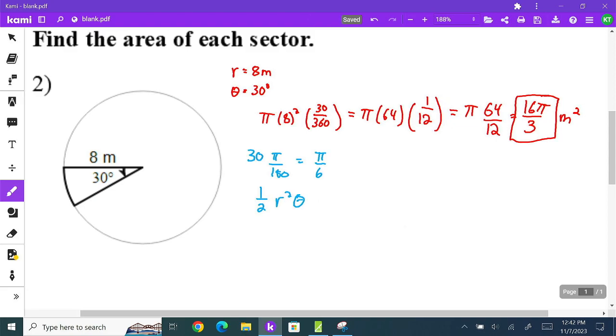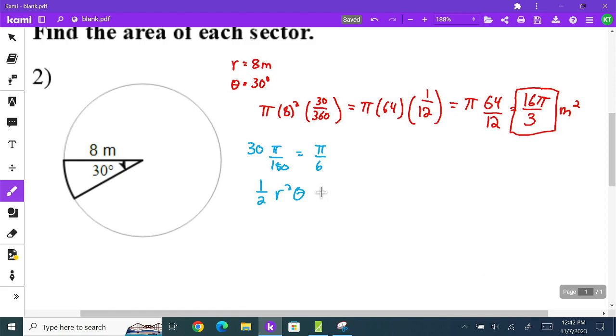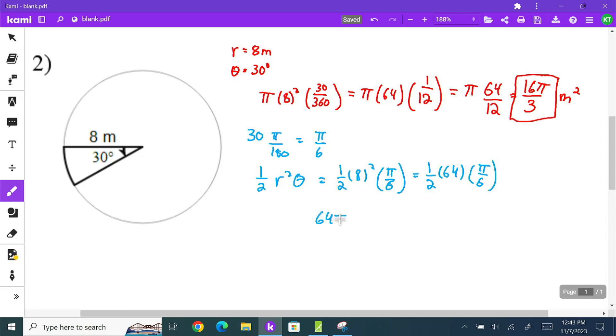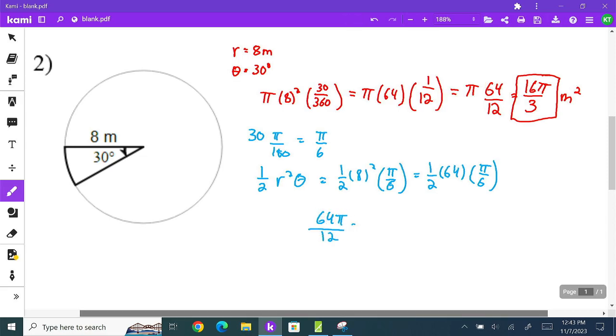So when I go ahead and plug everything in, that's equal to 1/2 r squared, 8 squared, times theta, which is pi over 6, which is equal to 1/2 times 64 times pi over 6. 1/2 times 1/6 would give me 64 pi over 12, which, as we simplified earlier, would give me 16 pi over 3 meters squared.